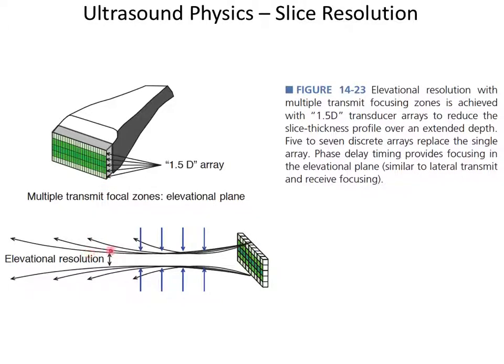So you can basically get an area that you have a relatively better slice than if this was just being vibrated as a native object of that dimension. And so it's called a 1.5D array. I don't know why it's one. When I was growing up and all my ultrasound friends were doing ultrasound, they called these 2D arrays. I don't know why this is called a 1.5D array, but that's how that works.